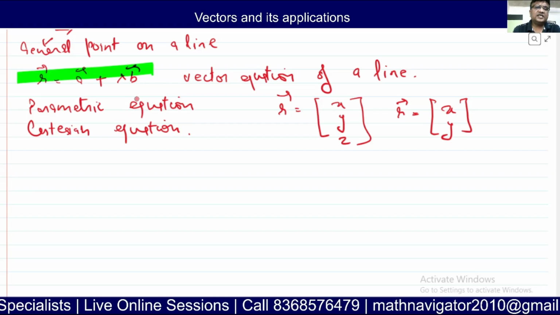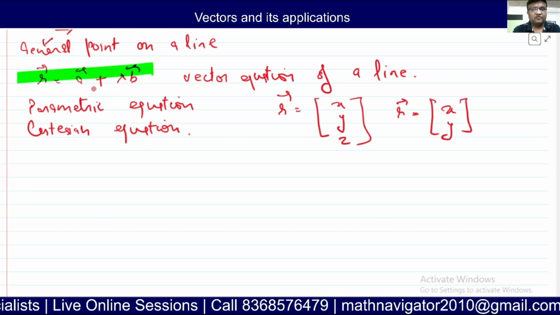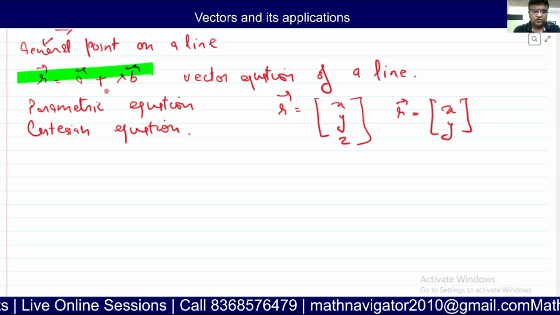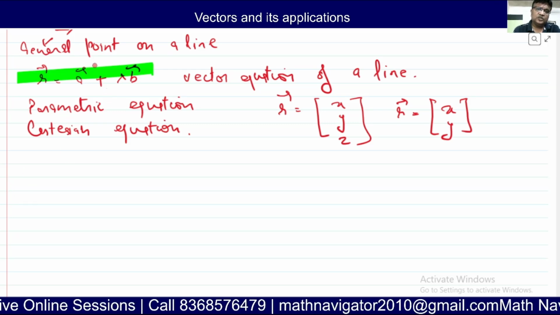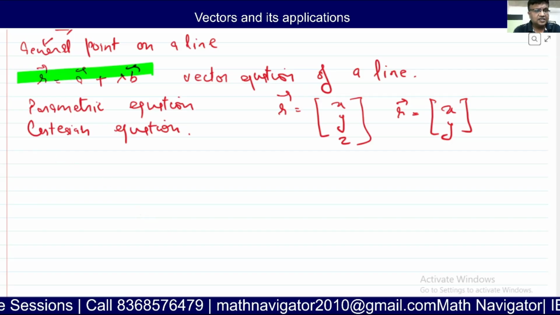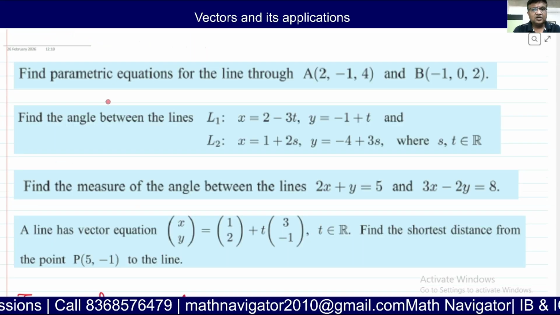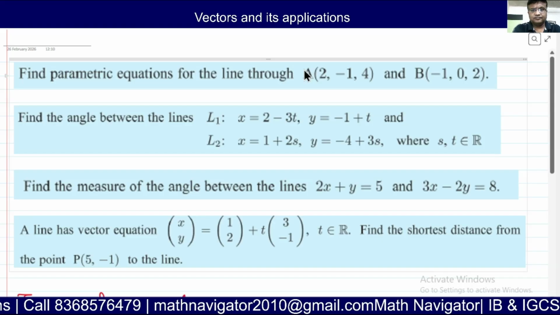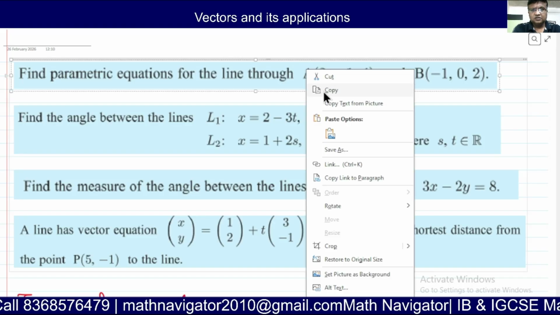So how do we construct the equation of a line? This is what we are going to do, and then once we are done with this equation, we'll discuss what is parametric equation and what is Cartesian equation. So let's do this.